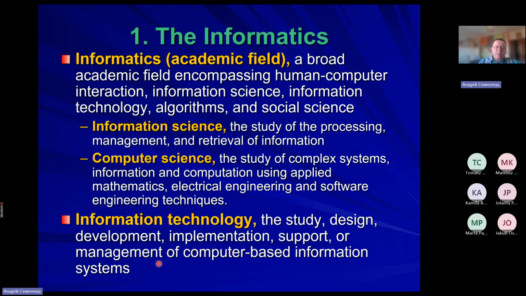Information science provides us with theoretical study of processing, management, and retrieval of information. In fact, these steps, processing, management, retrieving information, will be repeated many times in definitions of different areas around informatics, medical informatics, etc. And we also have computer science, the study of complex information computation systems, which is mathematics and so on.